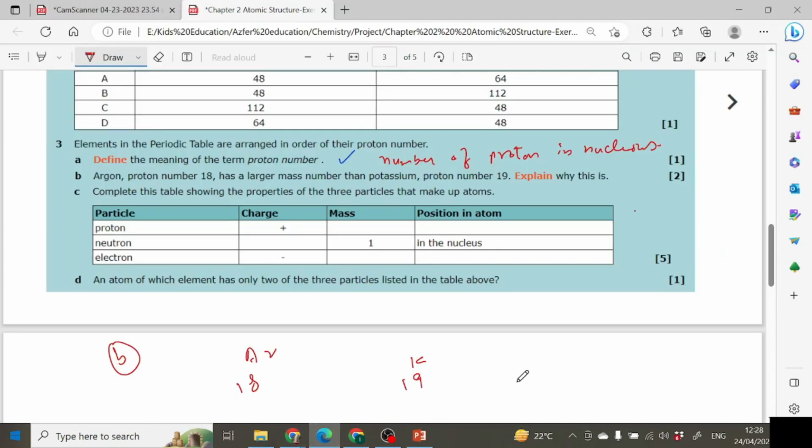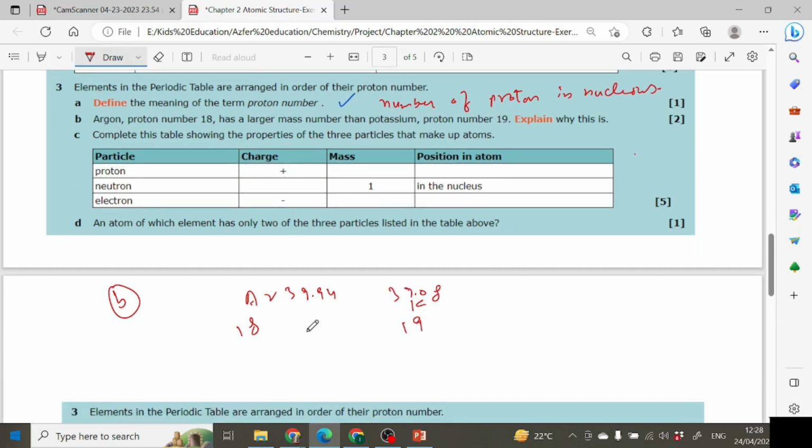39.94, 39.08. So the potassium mass is less than argon. So the justification for this: the mass is not always double of the proton number.